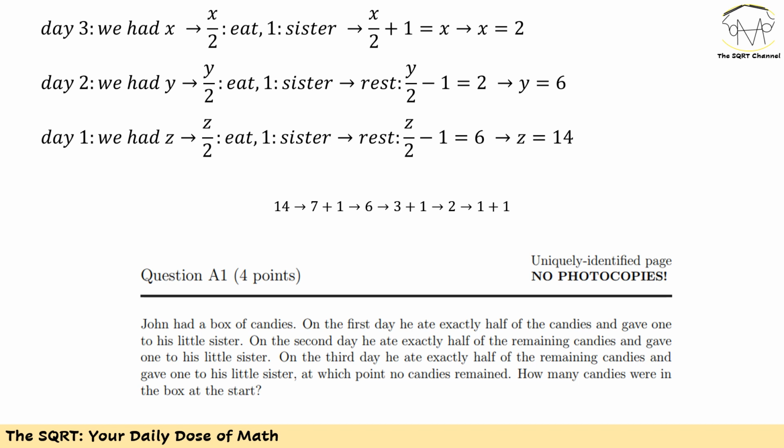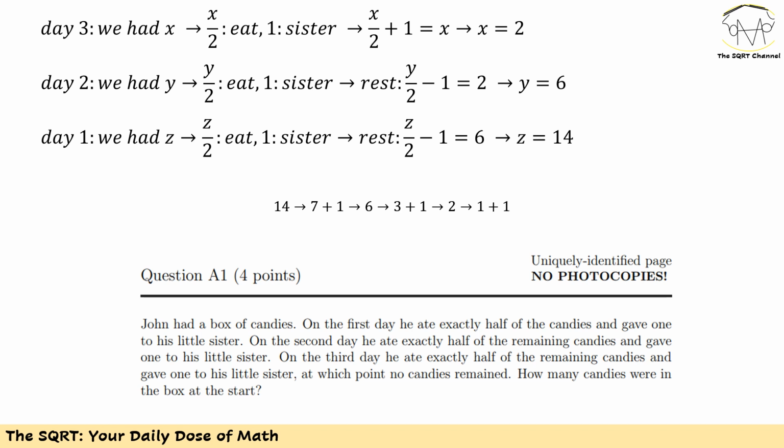Now we are going to go to the second day. On the second day, again, let's assume that John already has Y candies. Now he needs to eat exactly Y over 2 and then give one to the sister. So we will have Y over 2 plus 1. But we know that after eating and giving the candies, he's going to have 2 candies.